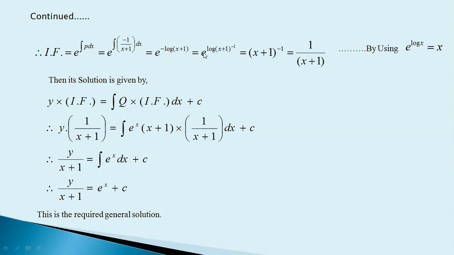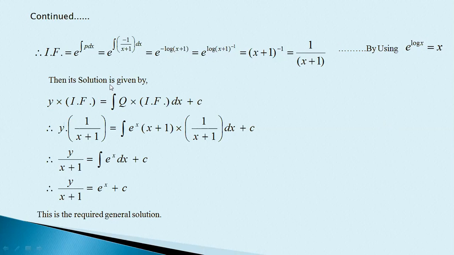That is equal to e raised to log of x plus 1 raised to minus 1 as per the logarithmic rule. Then by using this standard formula, e raised to log x is equal to x, we get e raised to log of x plus 1 raised to minus 1 is equal to x plus 1 raised to minus 1, that is equal to 1 upon x plus 1. Here it is the integrating factor.